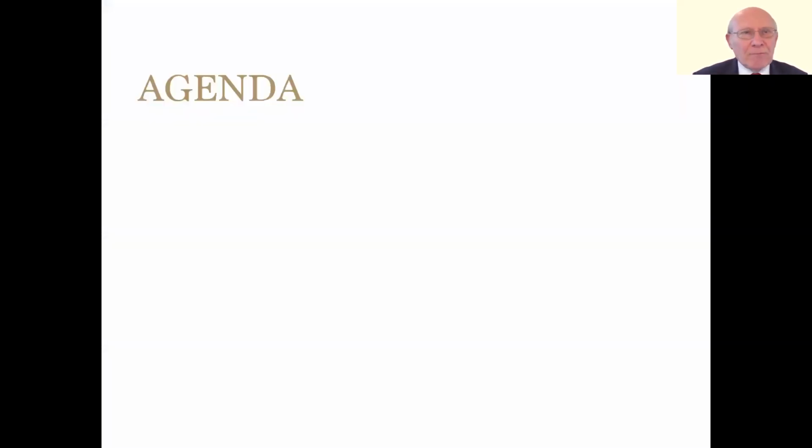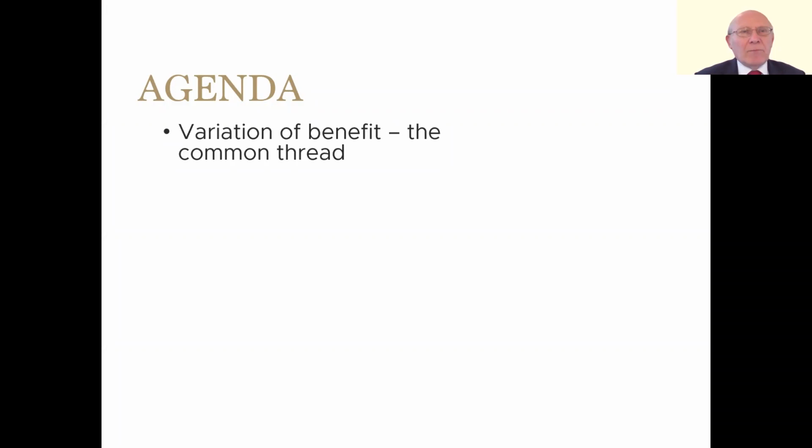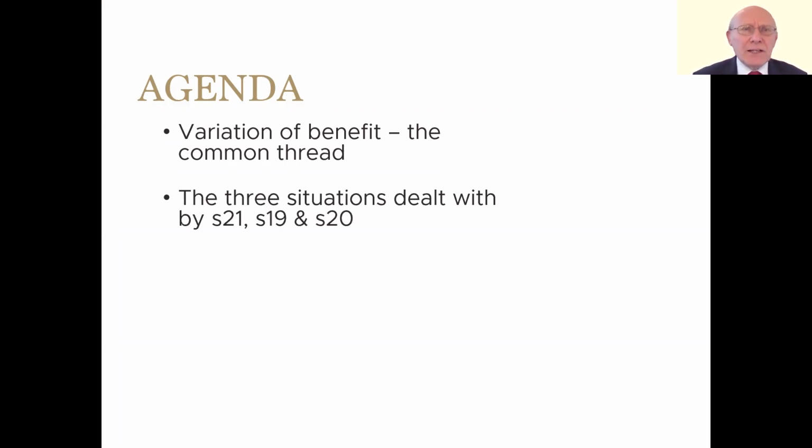So let's crack on. What's the agenda? I'm going to talk about the common thread in these applications, and what that means will become clear, I hope, in a moment. Then the three situations dealt with by sections 21, 19, and 20.